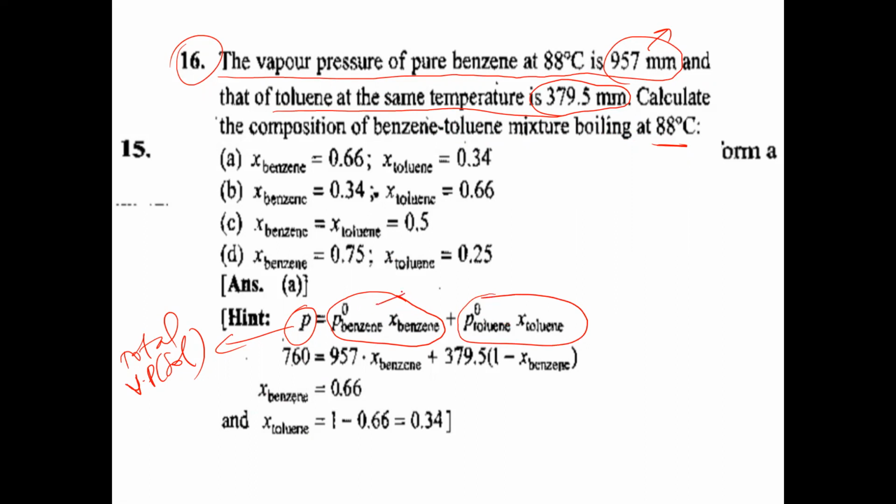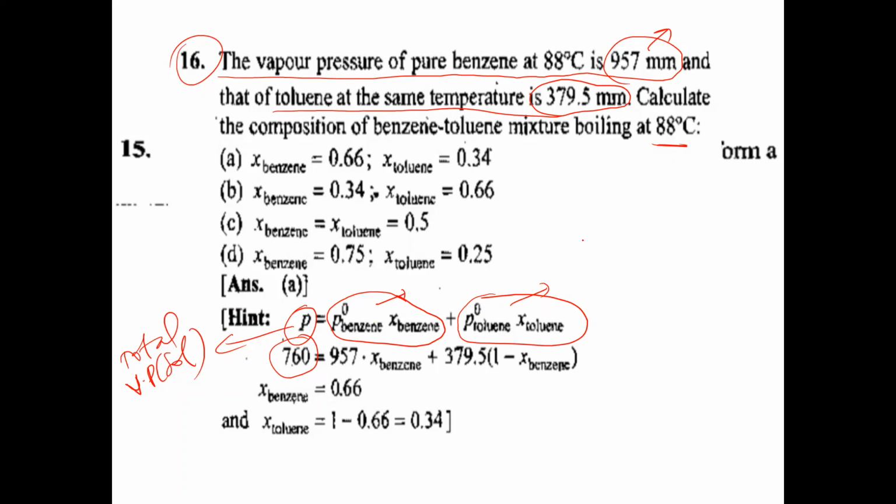That is equal to the total pressure of the mixture. Now the partial pressure formula: pure liquid benzene's vapor pressure into mole fraction of benzene plus pure liquid toluene vapor pressure into mole fraction of toluene. Now what is given? 760 mm.